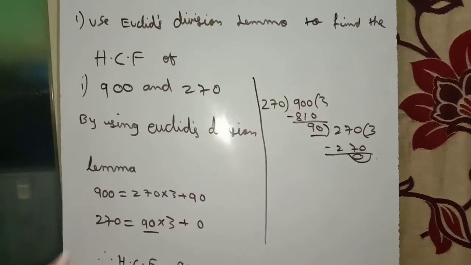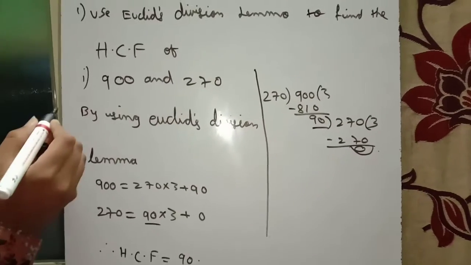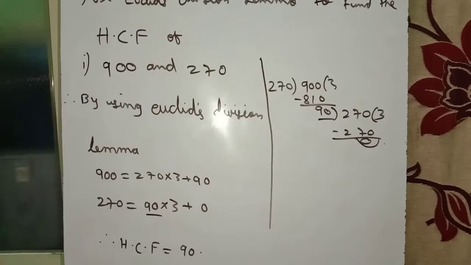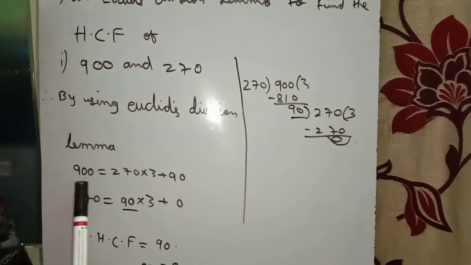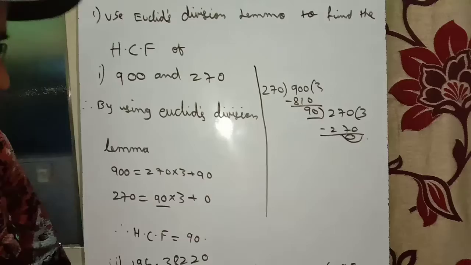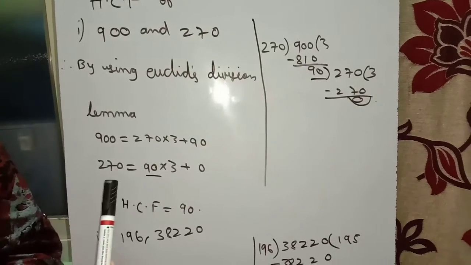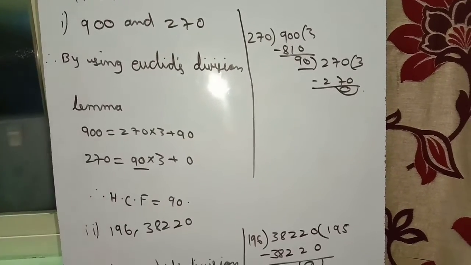Finally, by using Euclid's division lemma, we have written 900 is equal to 270 into 3 plus 90, and the second step is 270 is equal to 90 into 3 plus 0.